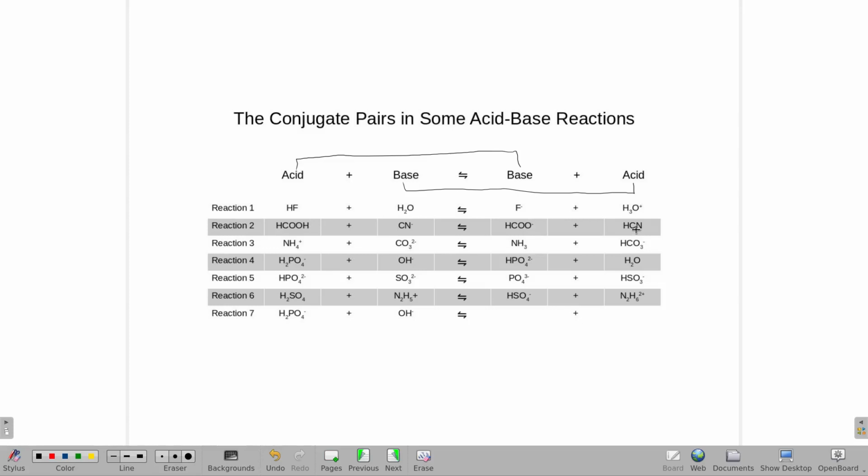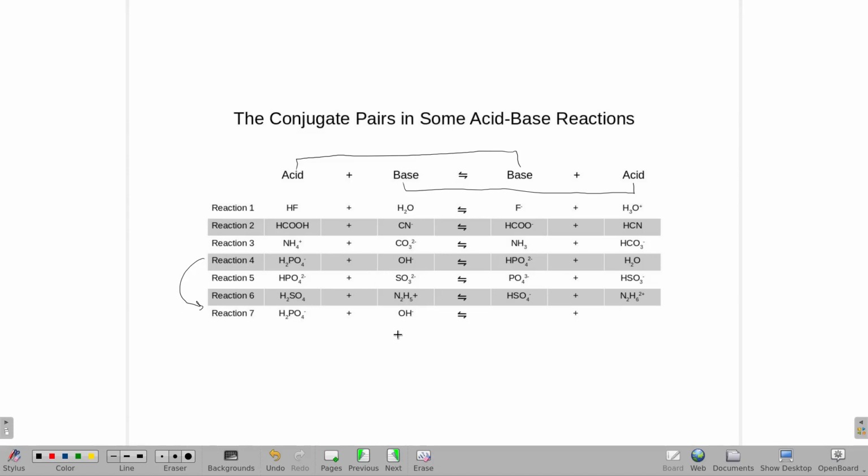Now, I actually repeated reaction 4 when I made reaction 7. The reason I did that is I wanted to show you something kind of interesting that some acids can have. I want you to notice that technically both these species have H's. Both of them could act as the donor.